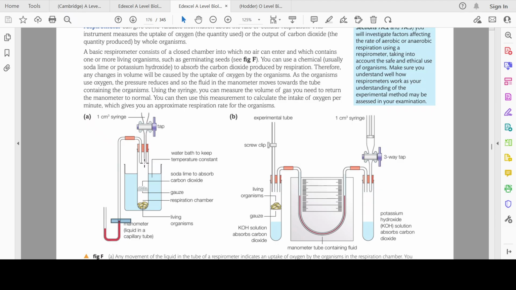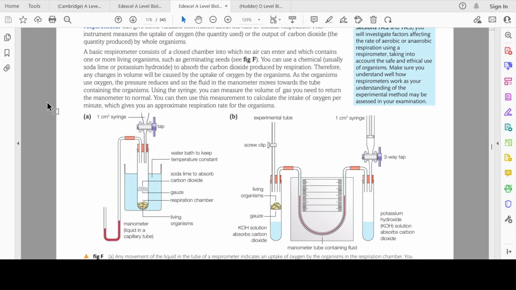So we add air back into the tube, that's going to increase the pressure again, and that will move the liquid back down to the level where you started. Then you measure how much air you put back in, and that will give you how much oxygen was utilized. And so you can use this measurement to calculate the intake of oxygen per minute.